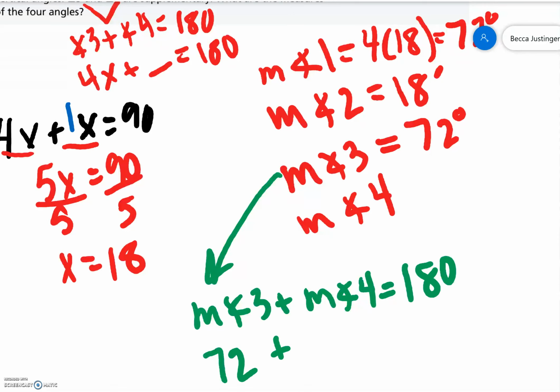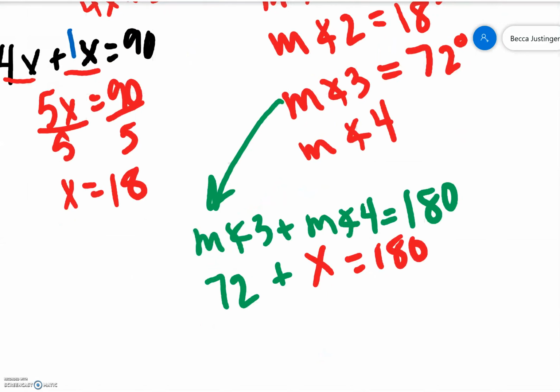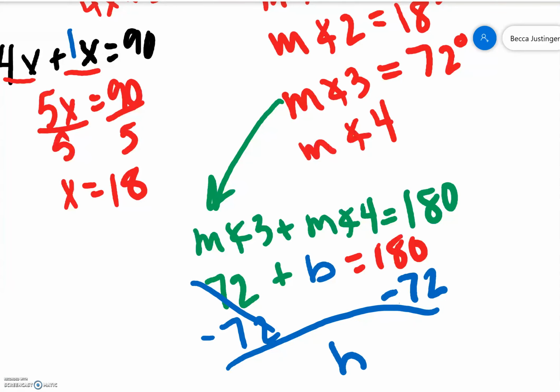So 72 plus whatever it is we're looking for is equal to 180. Solving for that, I don't want to use x. Let's use a different variable because we already used x. Let's use b. We're going to subtract 72 from both sides. So then we get, this cancels out, b equals 108. So measure of angle 4 is 108 degrees.